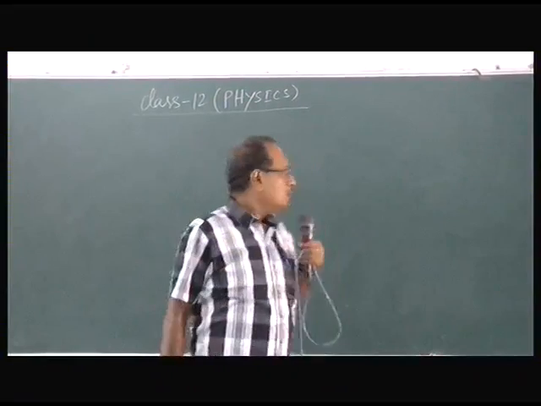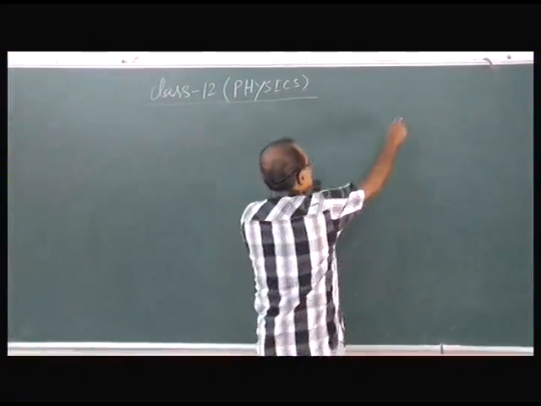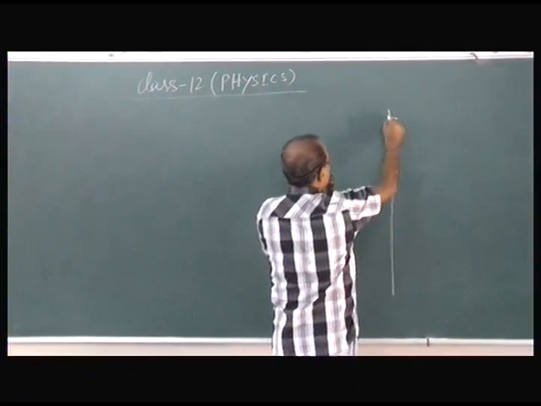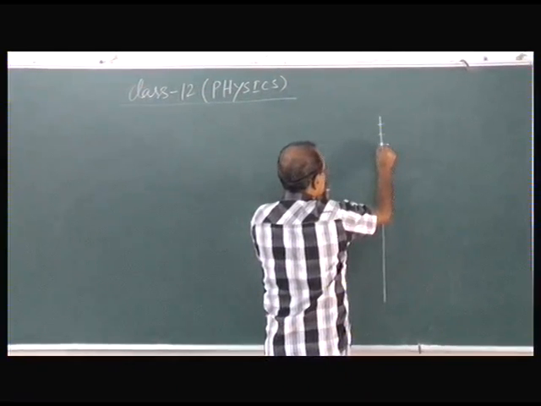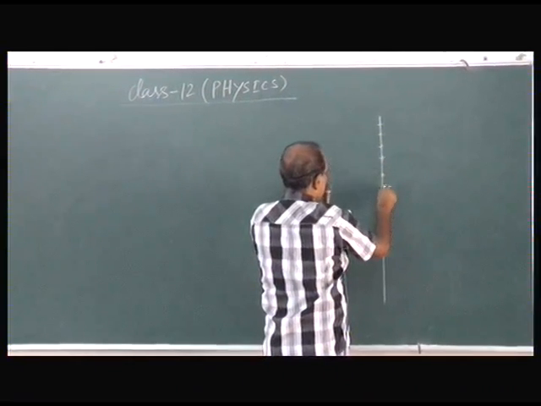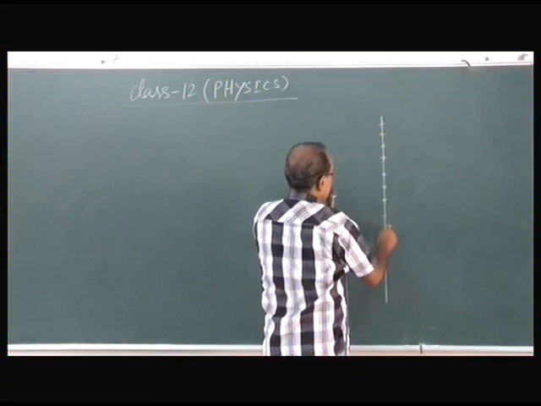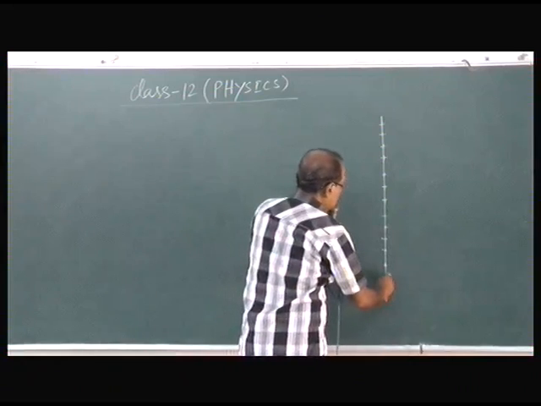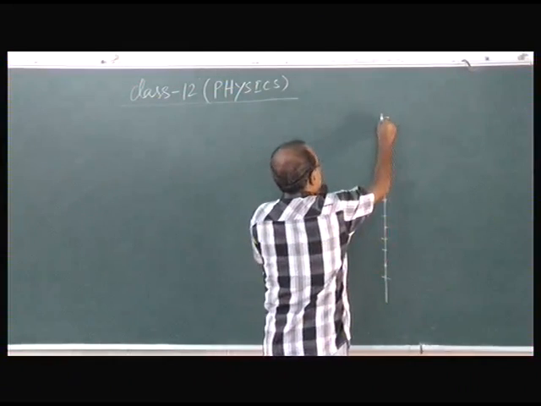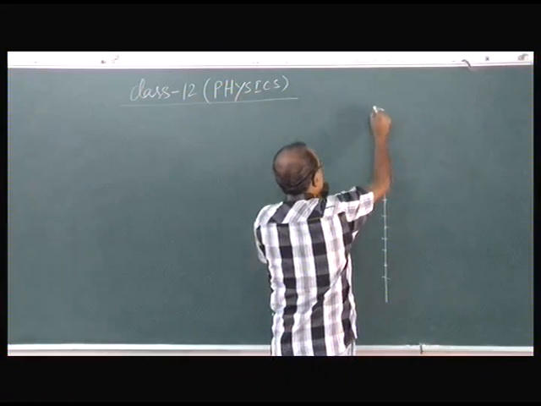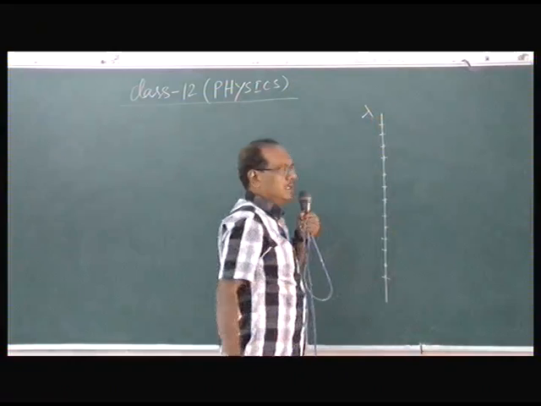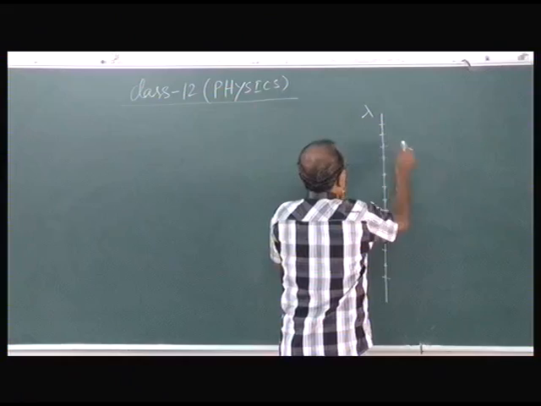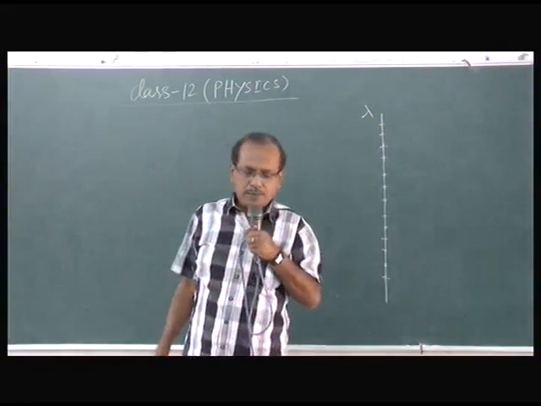For this we'll consider a positively charged line charge, and its linear charge density is, say, lambda.